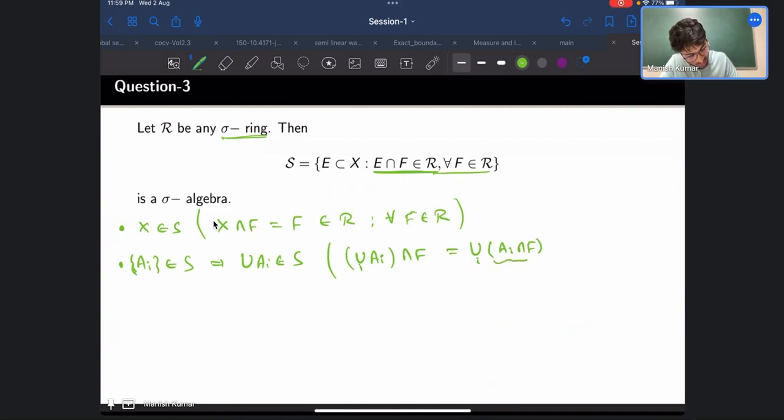And this is in R since A_i belongs to S, and since R is a sigma ring, the union belongs to R.